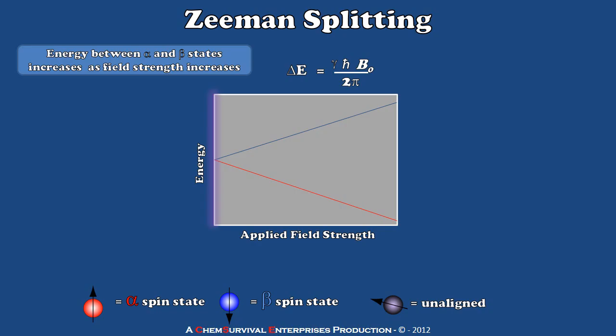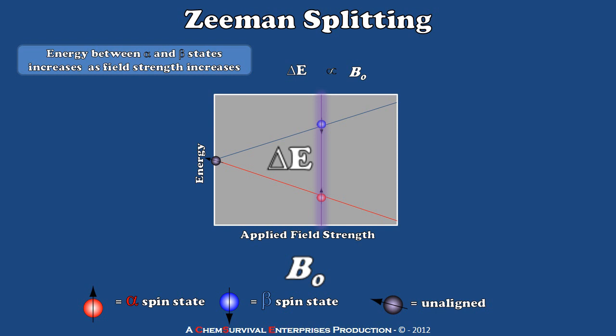Because we have our equation for Zeeman splitting, and we can simplify it to this proportionality, we can plot the difference in energy between the alpha and beta spin states, and we get something that looks like what's on your screen now. With the unaligned spins all the way down here where there's no field applied whatsoever, and of course, as we continue to increase the strength of the applied field, we simply increase the energy gap between those 2 states.